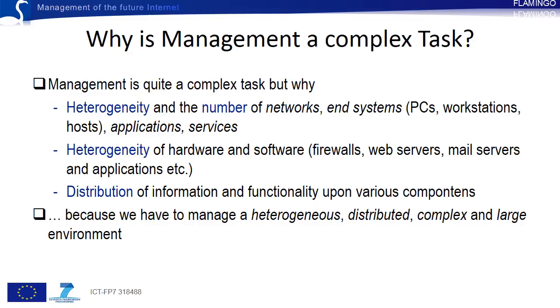As you can now imagine, management is quite a complex task even if you have only a small amount of devices. In general, you have greater amount of networks and systems, applications, services, hard and software like firewalls, web servers or mail servers, where the information and functionality is distributed across various components. As you can see, we have to manage heterogeneous, distributed, complex and large environments.